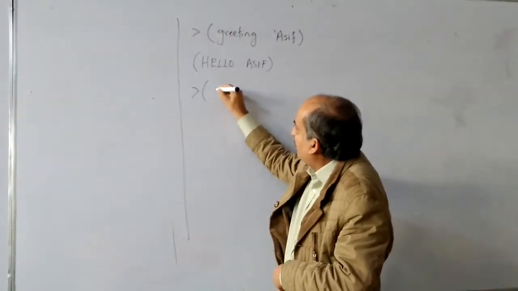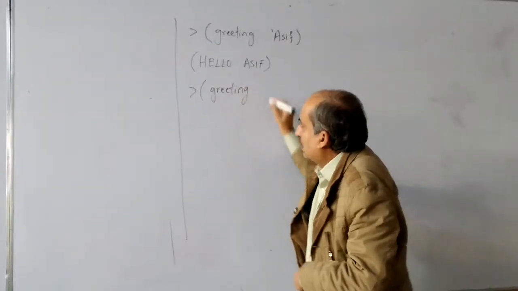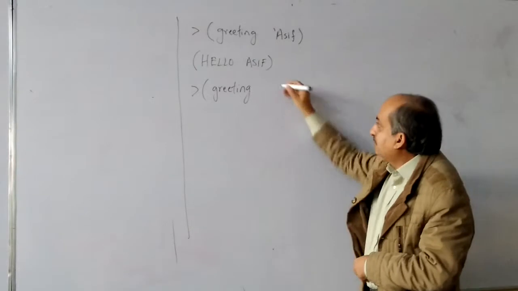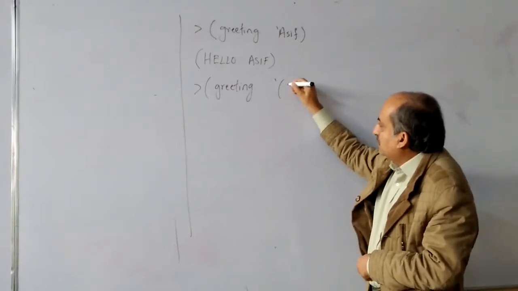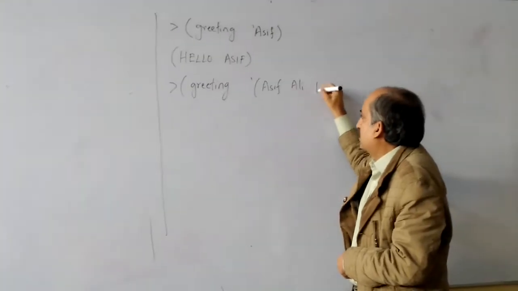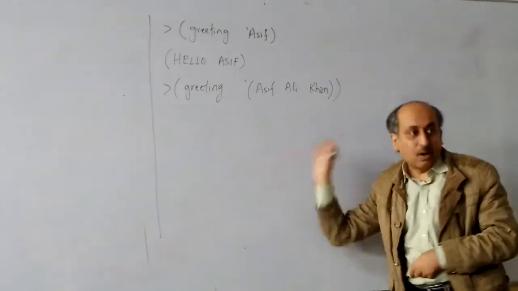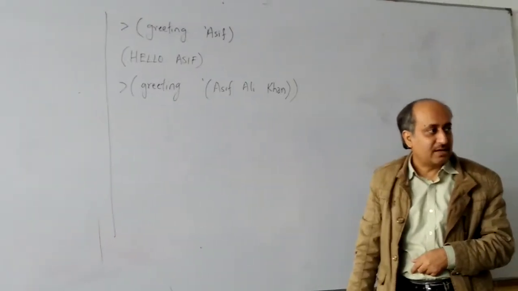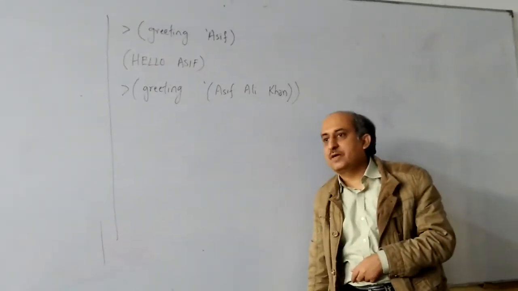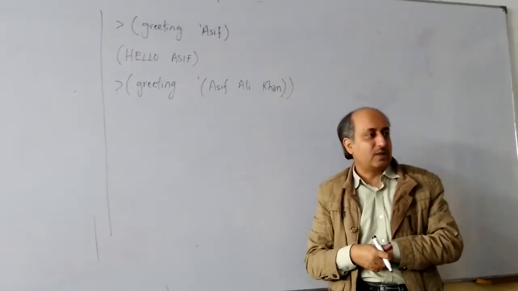However, if I pass an argument like this, Asif Ali Khan, now it is the full name of a person having a first name, middle name, and last name, all symbols enclosed in one list.